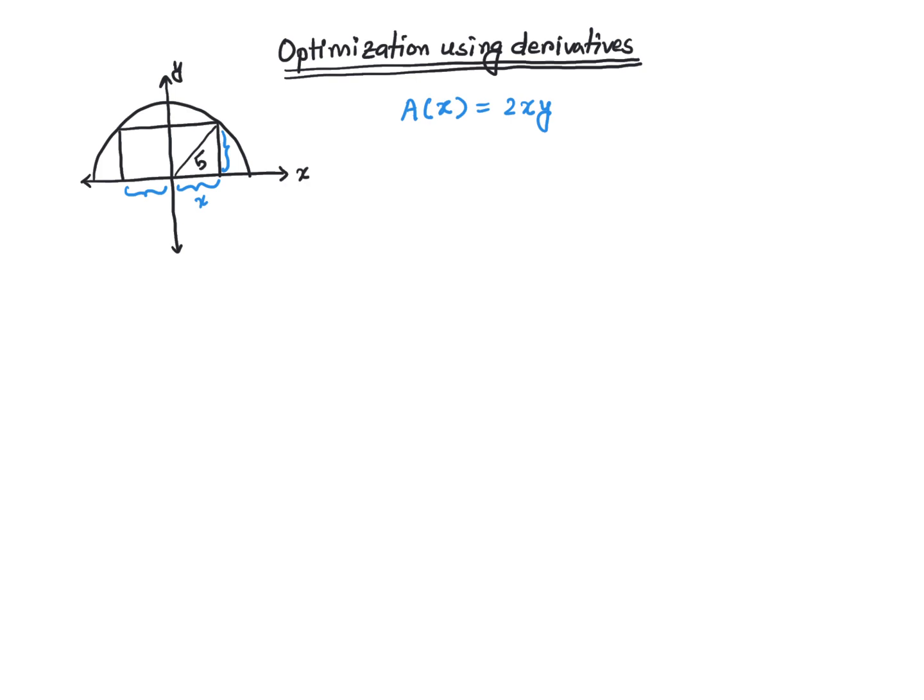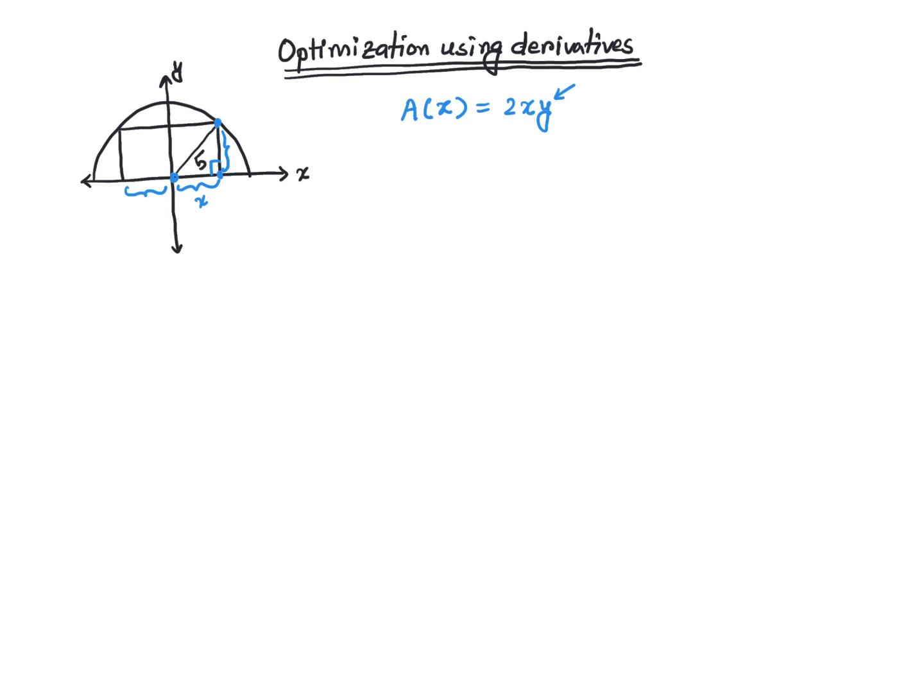Now in order to solve the problem, we need to express y in terms of x. So look, this is a right triangle, starting here, here, and here. This right triangle has a hypotenuse of 5.